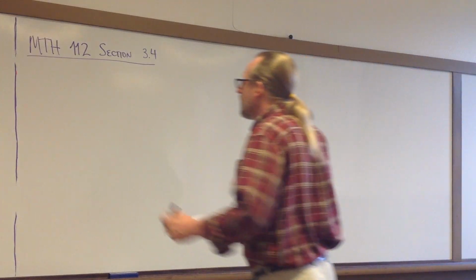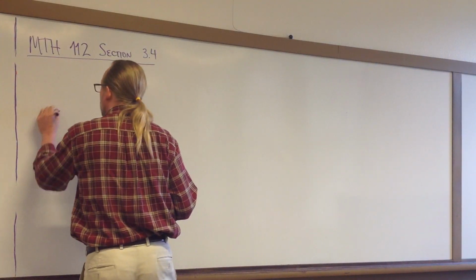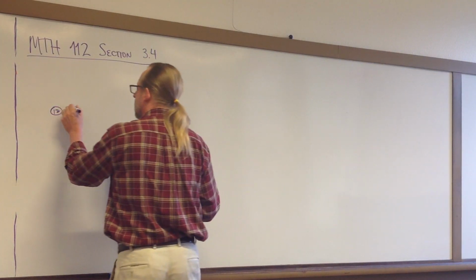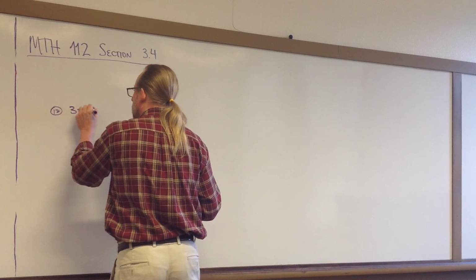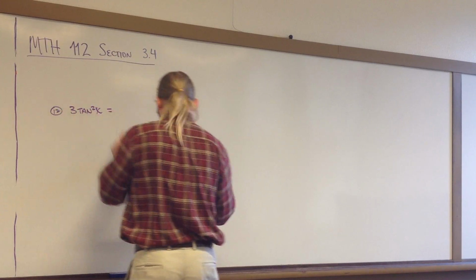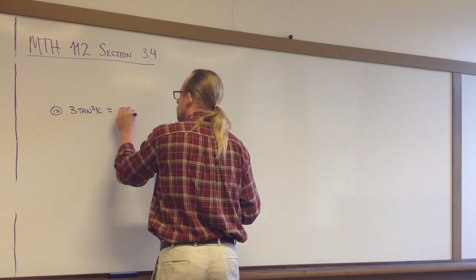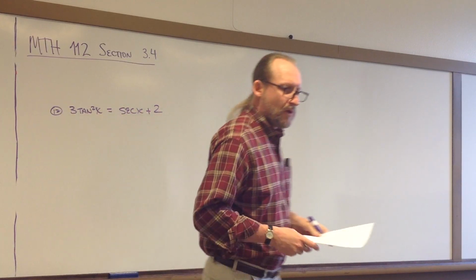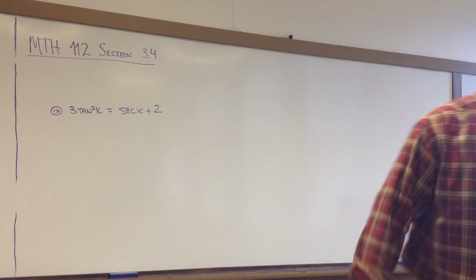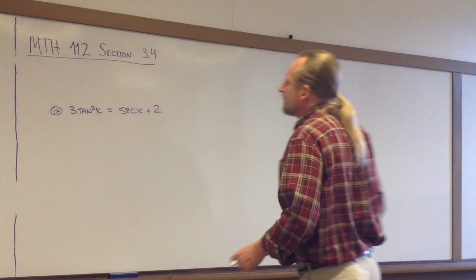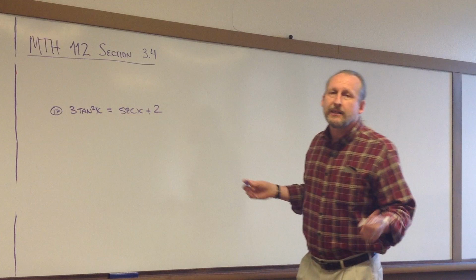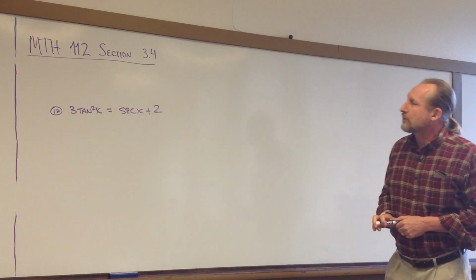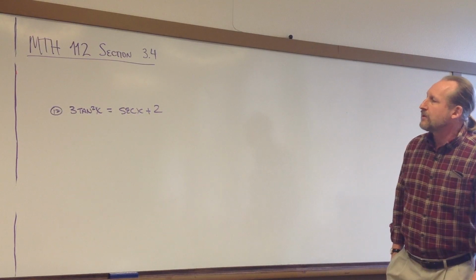Okay, problem 12 is another good example of this. Here we've got 3 tangent squared x equal to secant x plus 2. Okay, so here, again, this is tangent squared, this is secant, and so we can't use the quadratic formula.